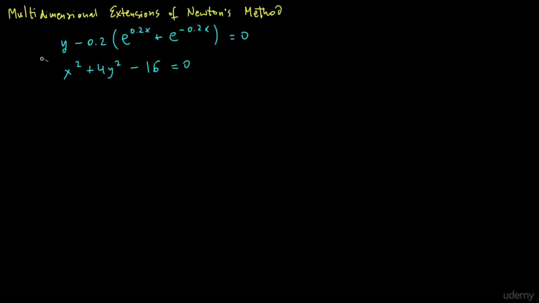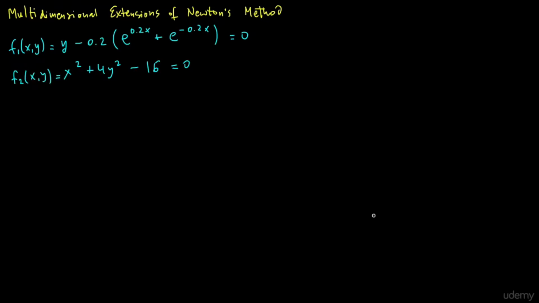Now both of these left-hand sides are going to be essentially vector valued functions. So we're going to say that f1, which takes an x and a y, is defined as the following, and the second function f2 of x and y is defined as this.